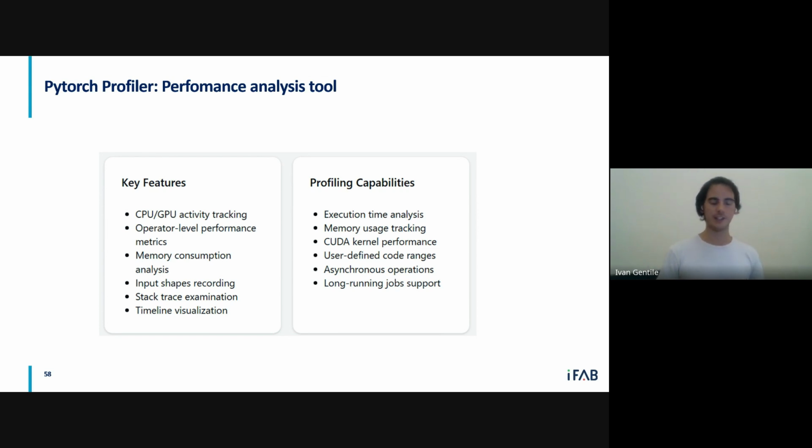Essentially, it is an activity tracking and performance analysis tool. You can track the performance on the CPU and the GPU, and the memory consumption. You have the visualization of the timeline, so you more or less understand where in the process you are having your bottlenecks. And it has very good profiling capabilities also for CUDA kernels. And so essentially, why the PyTorch profiler?